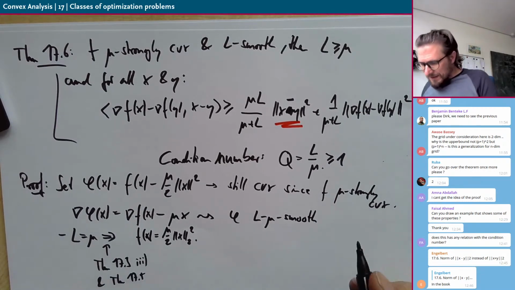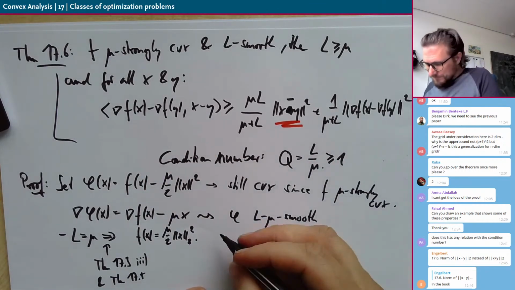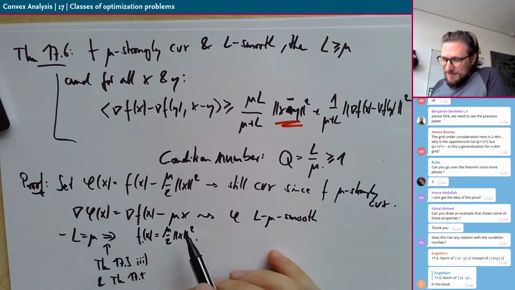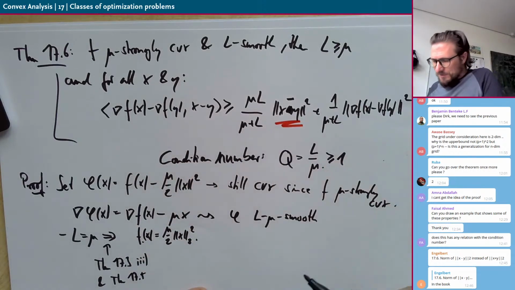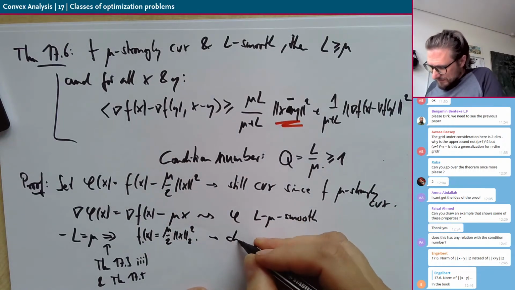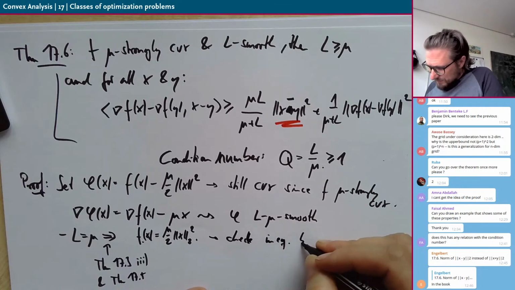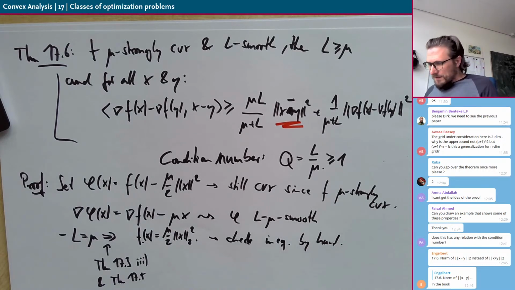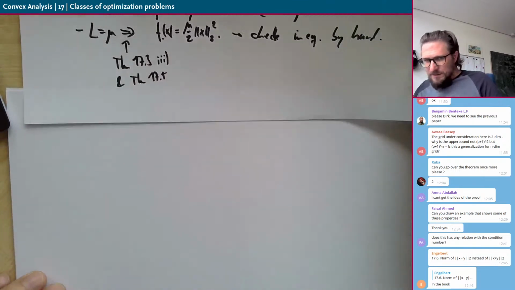And then you can just check this, that it's true. Then the function looks like this. So this is just mu times x minus mu times y, and everything checks out. I would say check the inequality by hand, by direct calculation. Okay, that's the boring case.